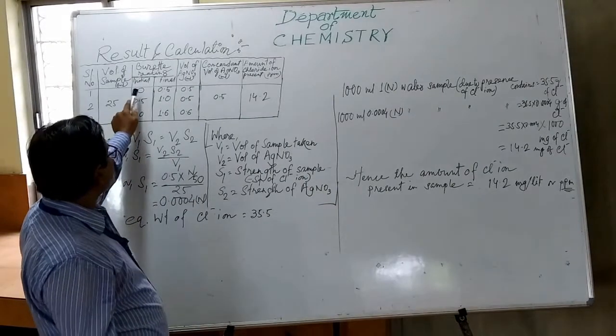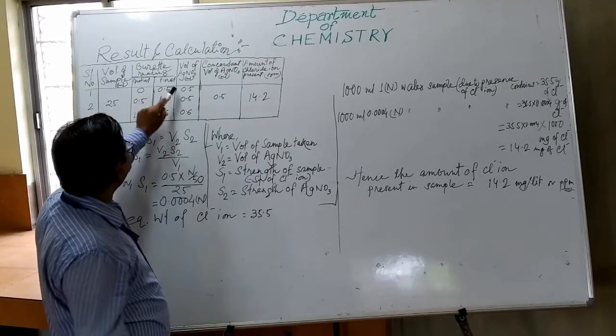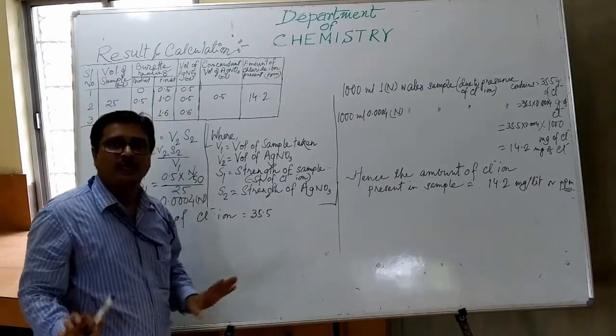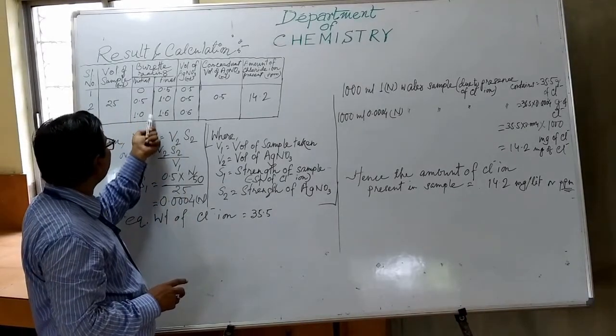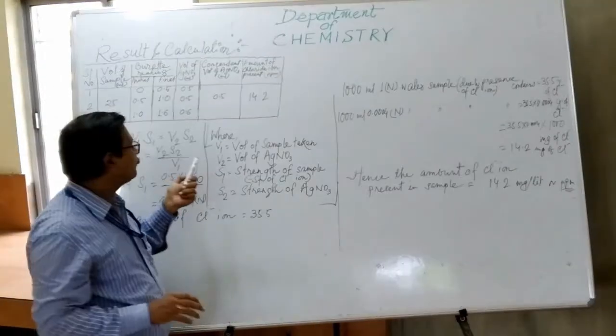Now there is a method to write in the table. Your first time final reading should be your second time initial. And your second time final reading should be your third time initial. If you write in that manner, then it is very good.